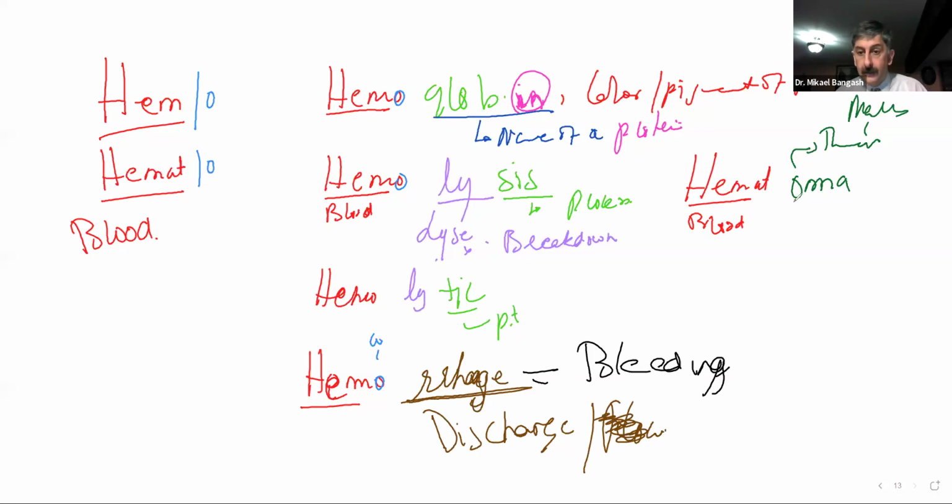No. In this instance, oma just means mass. And why do we call it a mass? Mainly because it's something that collects. So a collection of blood is what in technical terms we call a hematoma.